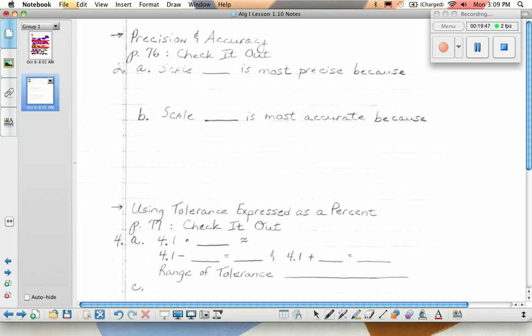Which one do you want? C. Why C? Because it's rounded to the nearest hundredth. Okay, and the other two are to the tenth place. So scale C, because hundredths of ounces is smaller than tenths of ounces, and in your homework you have to justify all your answers.